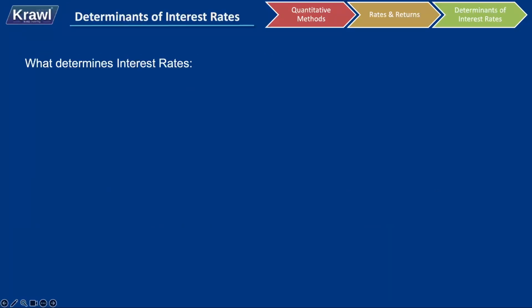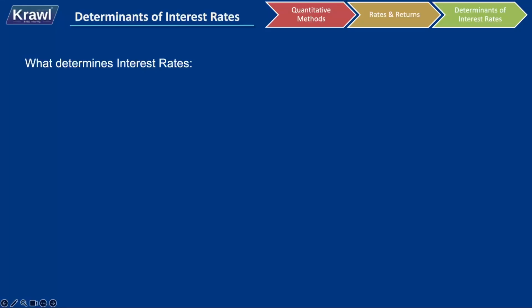Now, up till now, it seems pretty straightforward. So we have understood that the rate of interest, in certain situations, is also referred to as the discount rate, and in certain situations can also be referred to as the opportunity cost. But what determines interest rates? Most of you, in your undergraduate program or even in your schools, would have studied what exactly an interest rate is.